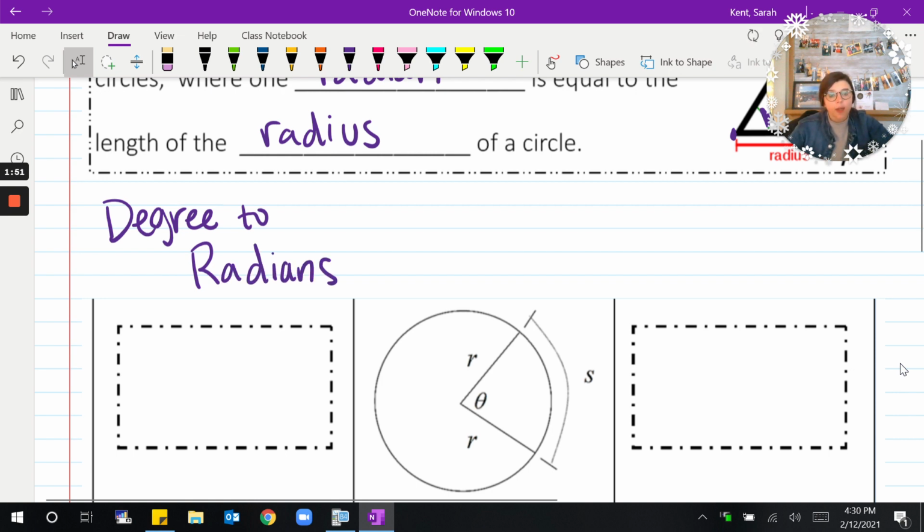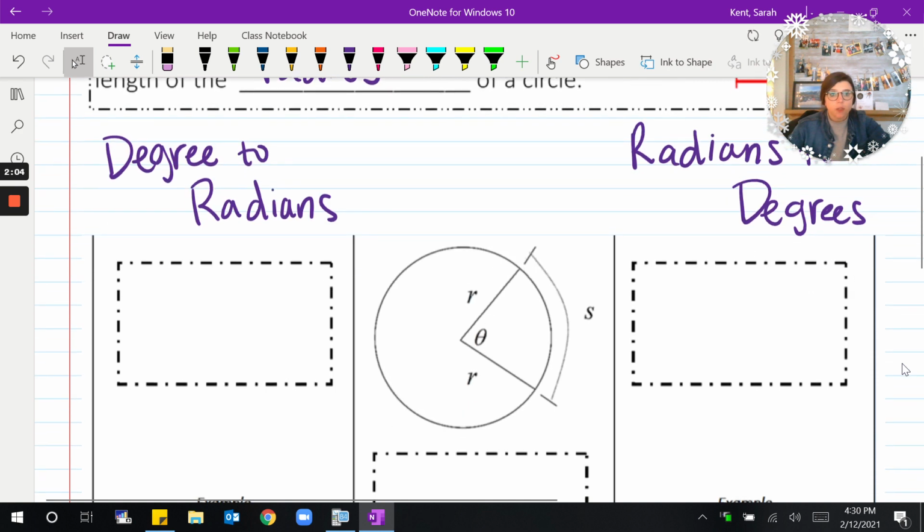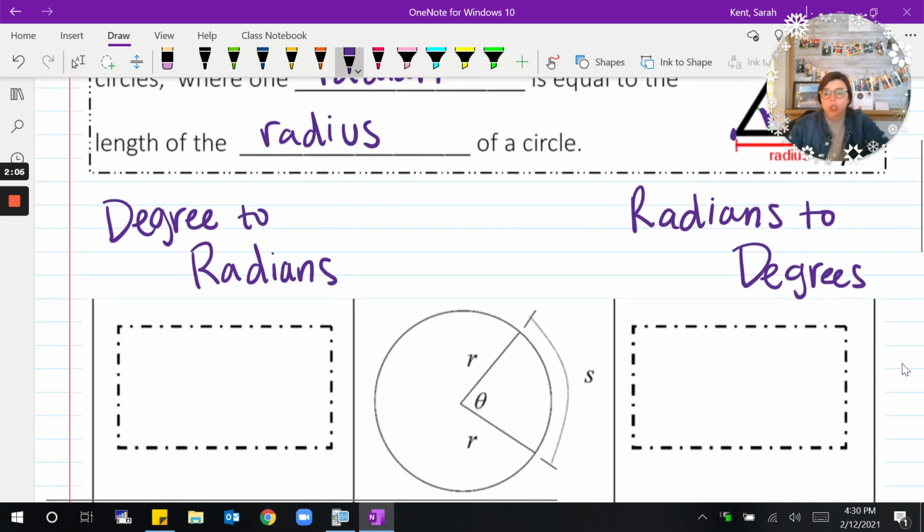And then we're going to look at the other way, radians to degrees. So first, we'll talk about degrees to radians. When we look at degrees to radians, we're going to use the fraction pi over 180.